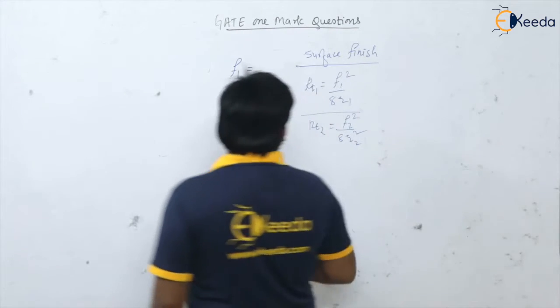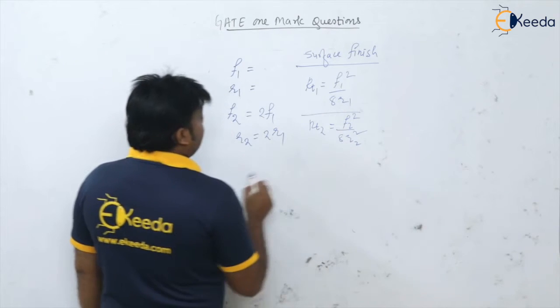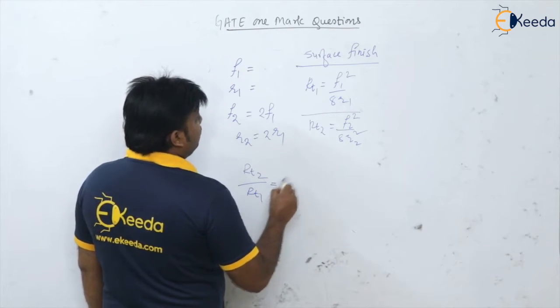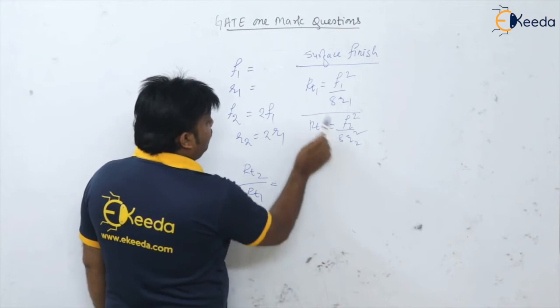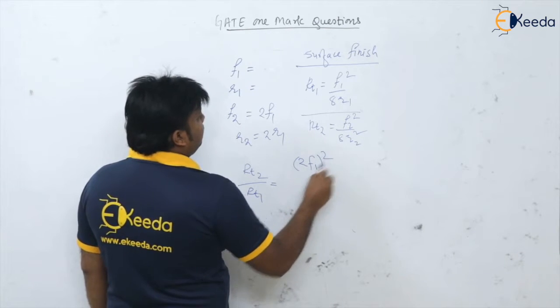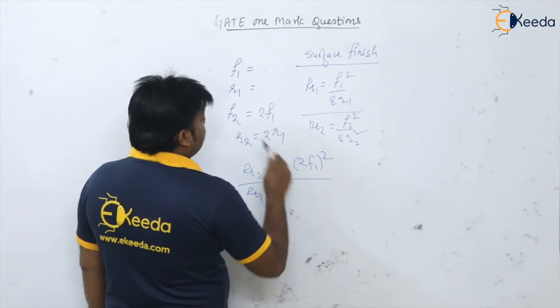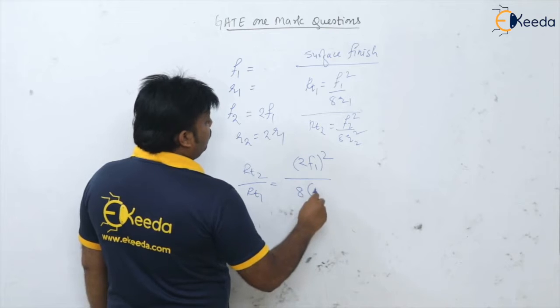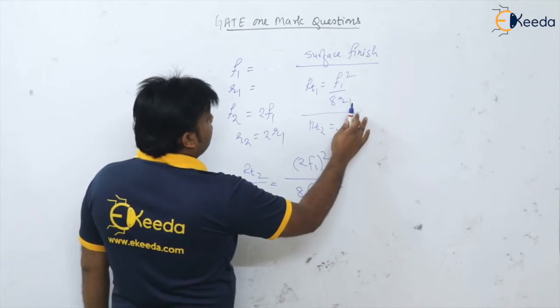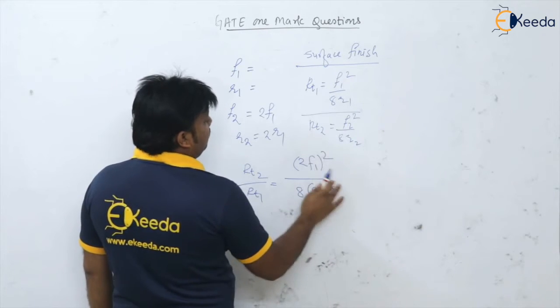So what is the surface finish? Say Rt2 divided by Rt1 will be what? F2 is 2F1, squared, divided by 8 times R2, which is 2R1.